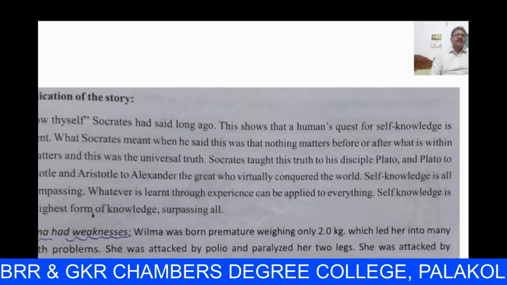Let us see the story of Wilma Rudolph. Let us apply SWOT analysis to her life. Strengths, weaknesses, threats, opportunities, challenges. We have to apply them to her life.